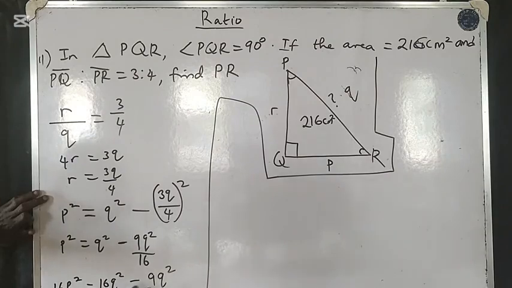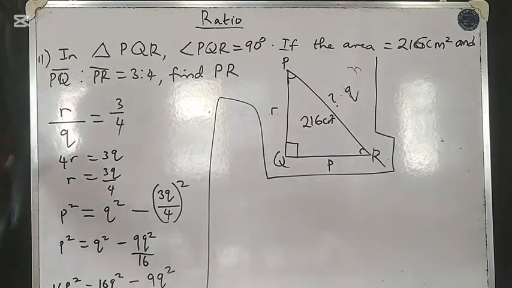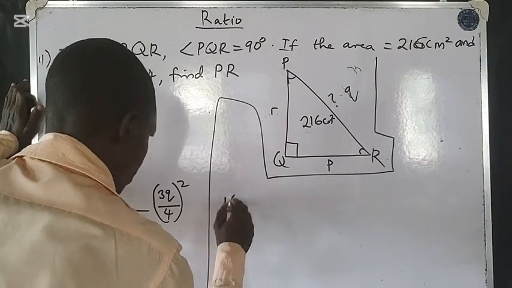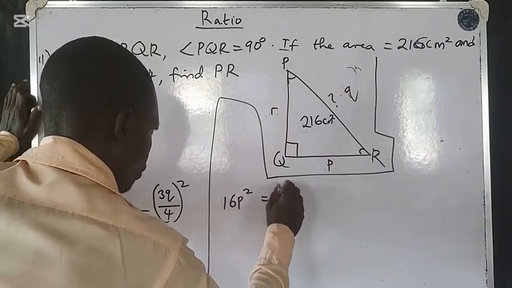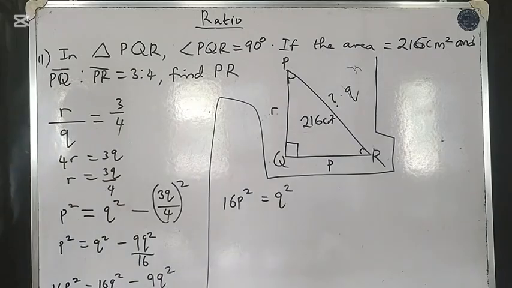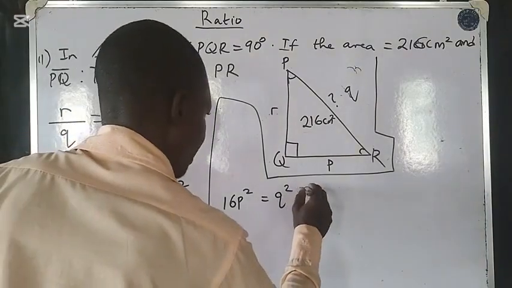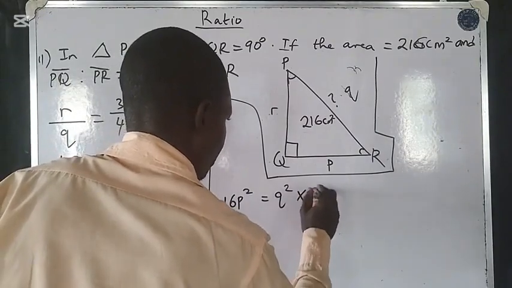To factor out q squared, we write 16 minus 9. When we do that, we're going to have 16p squared equals q squared times (16 minus 9), and that will give us 7. So we have 7 here. Let's write times 7.